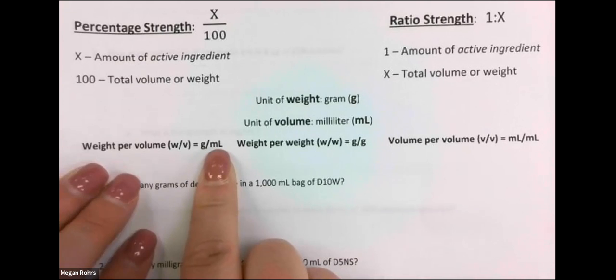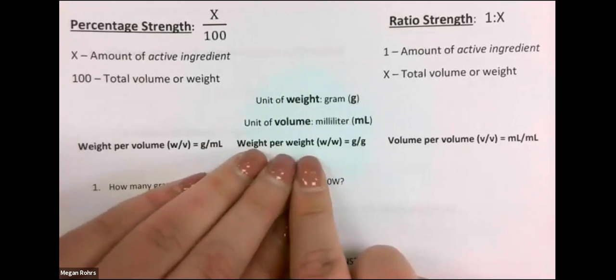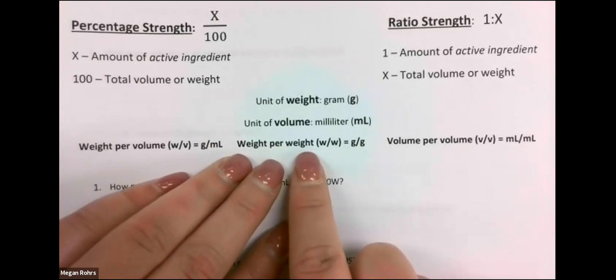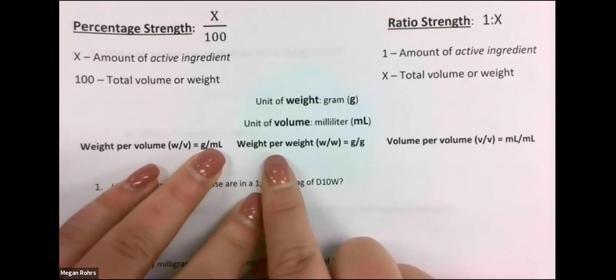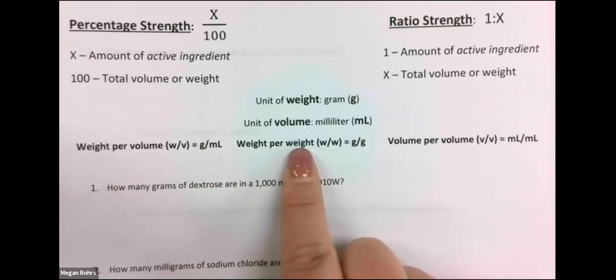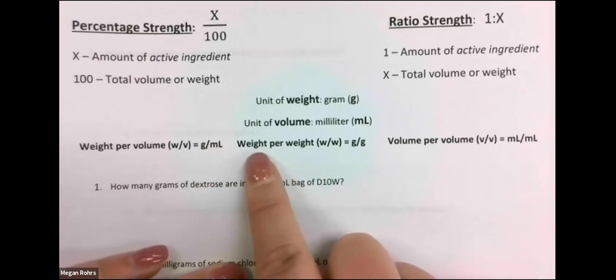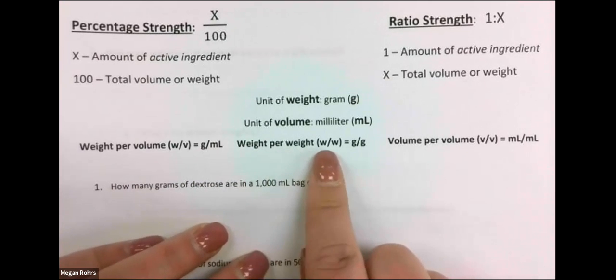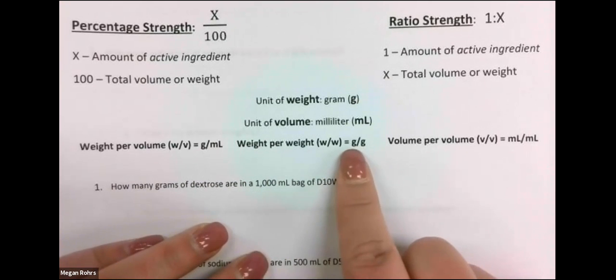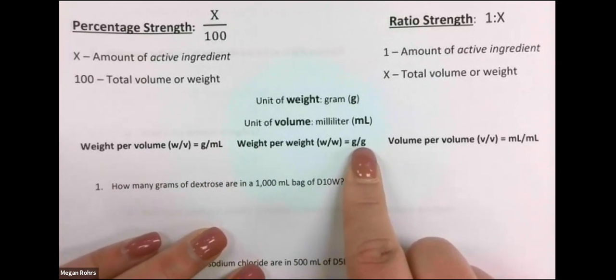Now, if we were looking at a drug like a cream or an ointment, where the active ingredient was measured out in a powder and it was also put into a cream, both of those types of medications we would weigh out in grams. So that would be a weight per weight, or a gram per gram.